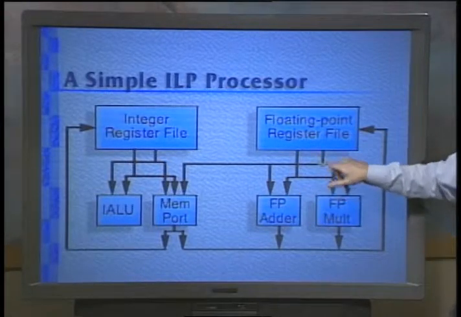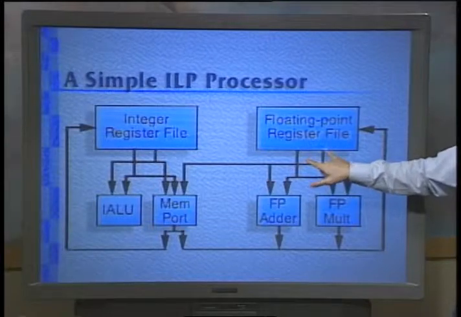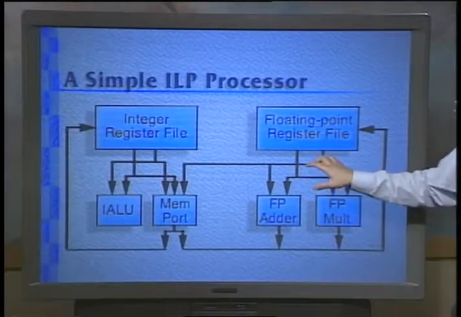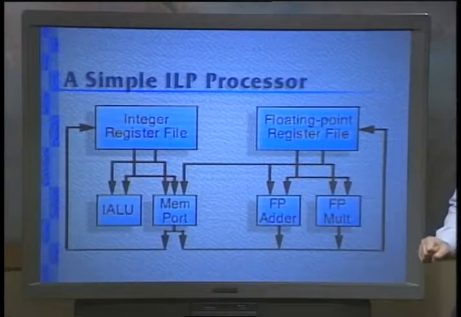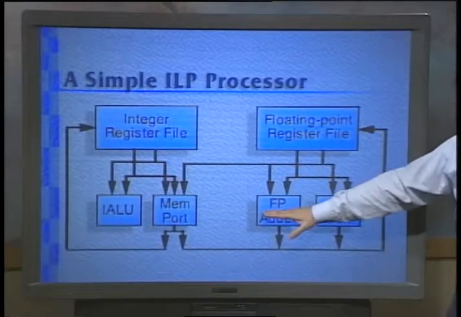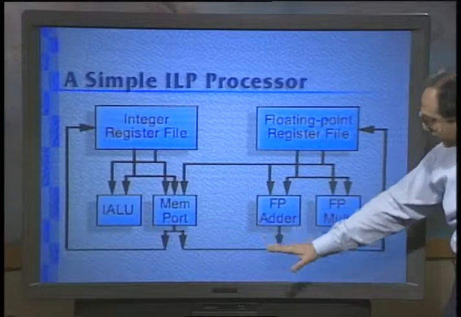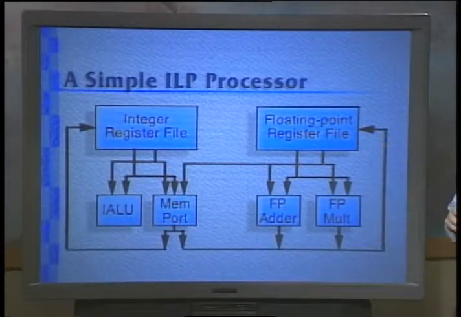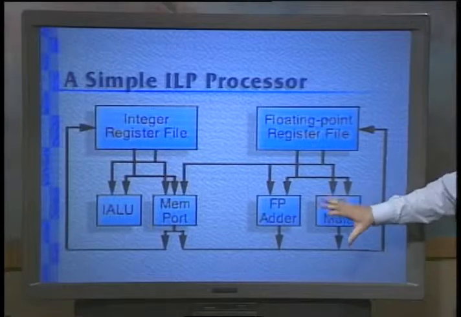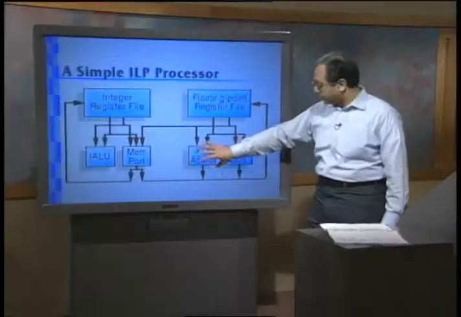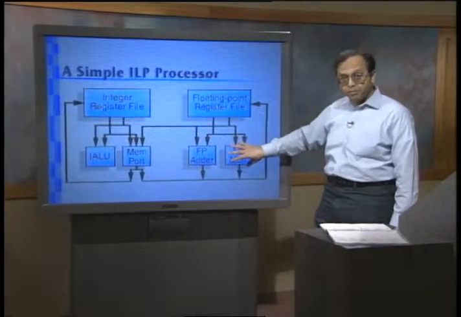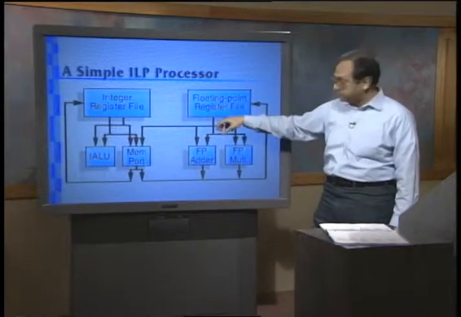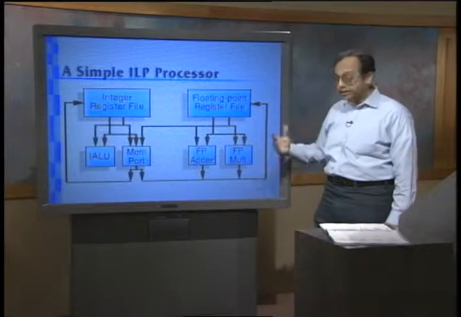For instance, on its first cycle of execution, it uses these 2 output ports of the floating point register file to get its source inputs. Then it might use the floating point adder for 1 cycle. And finally, it uses the result bus to write its result. Now, we have to be very careful that we do not schedule, say, a floating point add and a floating point multiply in such a way that they try and use either the source input buses or the result bus at the same time.